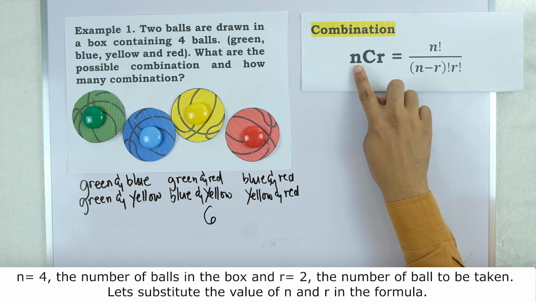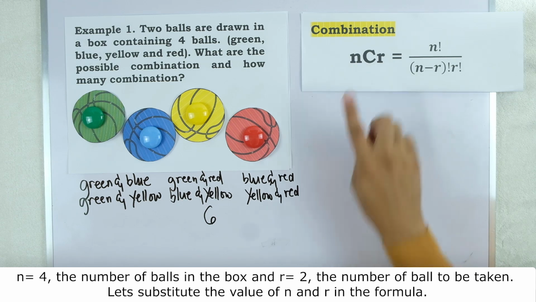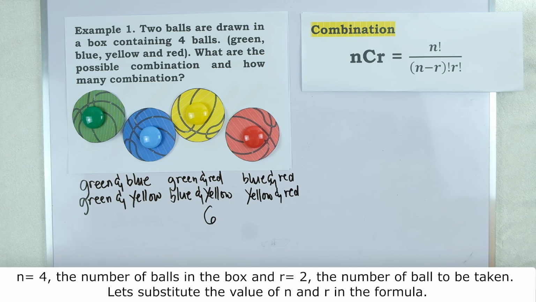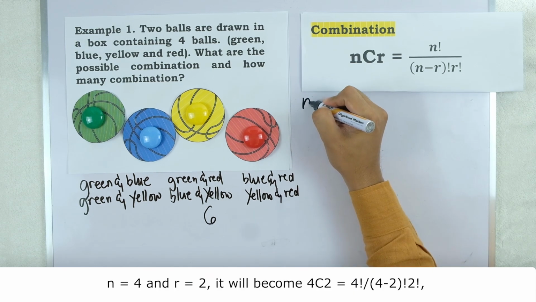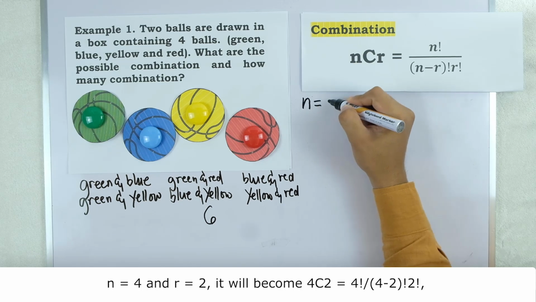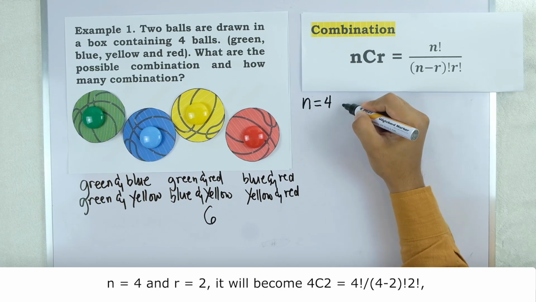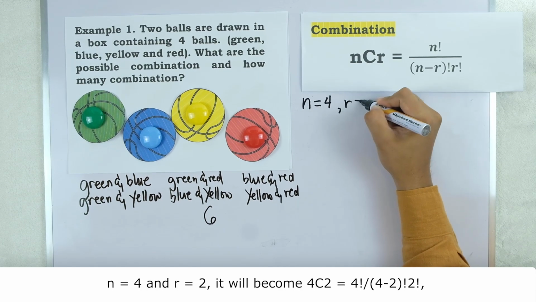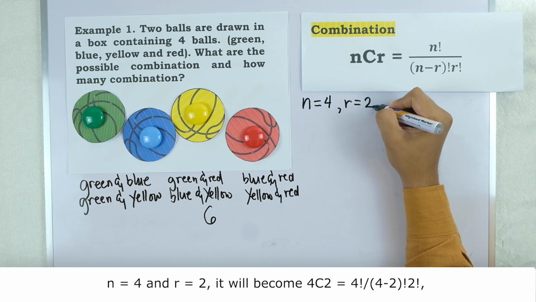N is 4, the number of balls in the box, and R is equal to 2, the number of balls to be taken. So let's substitute the values of N and R in the formula. N is equal to 4 and R is equal to 2.